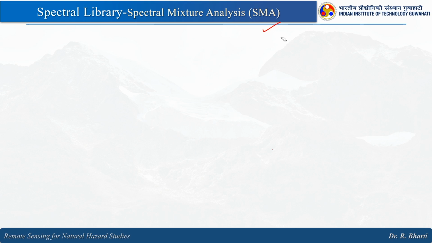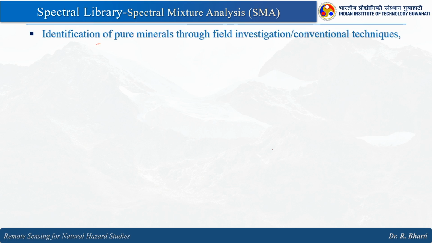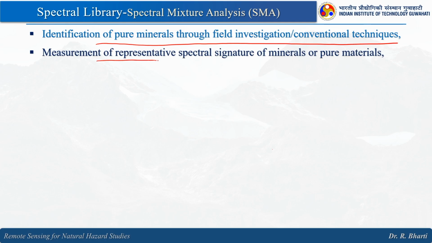Now, there are few libraries available from different sources which has different minerals, rock and soil spectra that can be considered in the spectral mixture analysis. So, identification of pure minerals through field investigation or conventional techniques, measurement of representative spectral signature of mineral or pure materials.